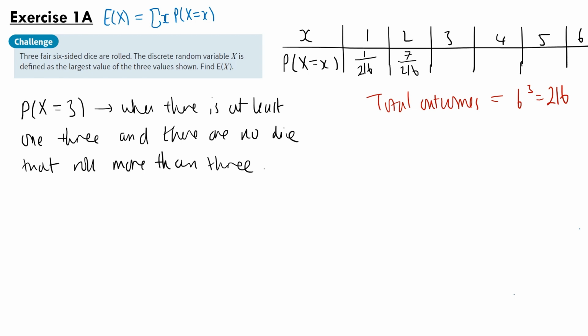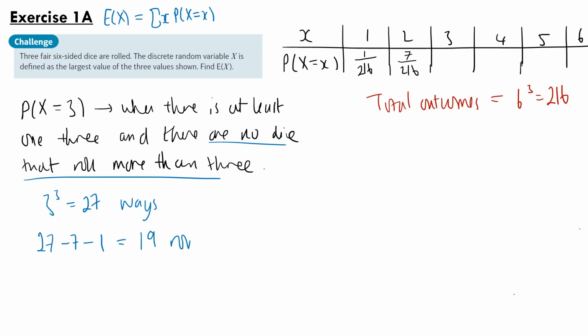We know that there are 3 cubed, or 27 different ways so that there are no dice that roll more than 3. Now we need to subtract all the different ways where the highest score isn't 3, and those will be when the highest score is 1 or 2. So we've got 27 minus 7 minus 1, or 19. So we have 19 different rolls that give us X is equal to 3, so the probability that X is equal to 3 is 19 over 216.